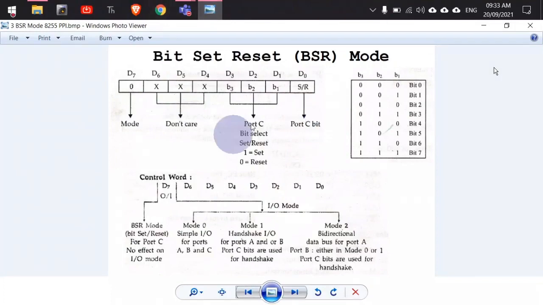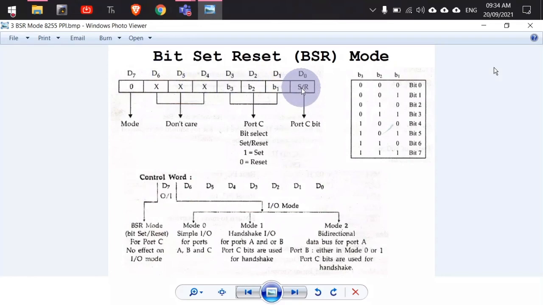After bit set reset mode, let us now discuss the elaborate version of the format. Here you can see that from D0, D1, D2 to D7, we have got this control word. First of all, let us discuss this D7 bit. We already know that if this D7 is 0, in that case, the mode will be bit set reset mode. And the interpretation of bits D0 to D6 will be 3 don't cares, then 3 addresses, and whether you want to set or reset them.